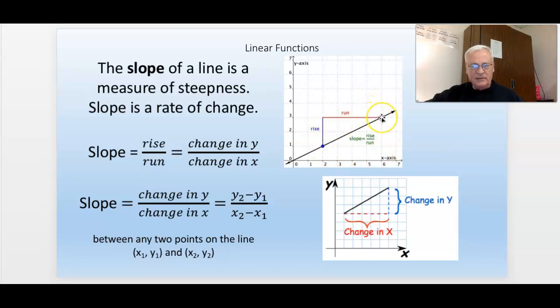It's the ratio of how much it rises over how much it runs. You can measure that using the change in y and change in x. You can just count up and count over, or you can use 2 points and subtract them: y2 minus y1 on top. The difference in the y is on top, and the difference in the x is on the bottom.